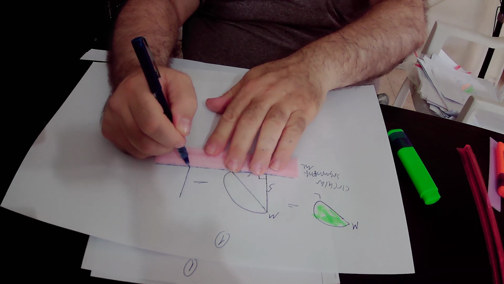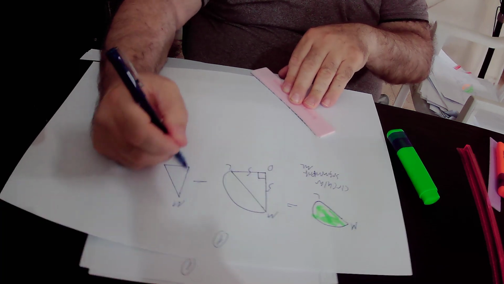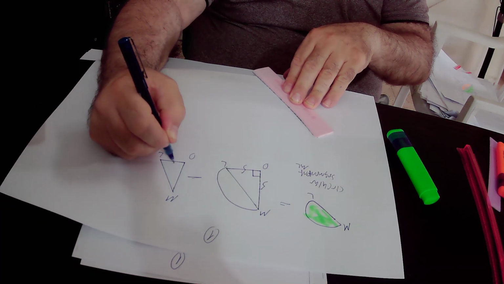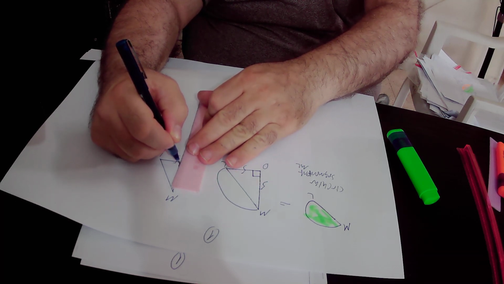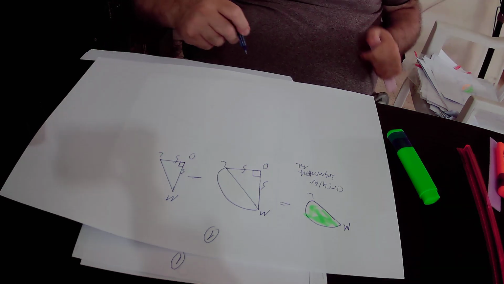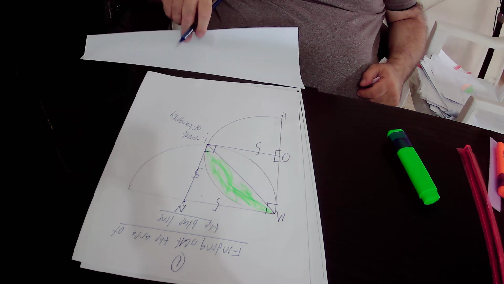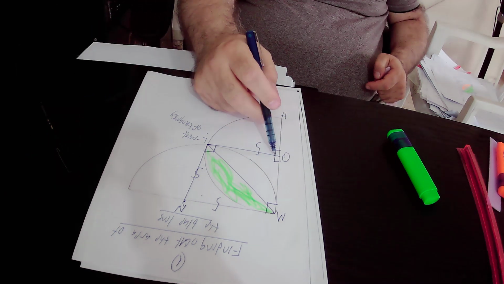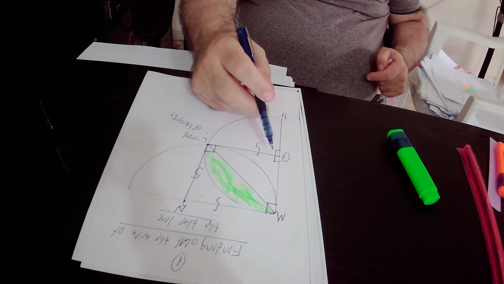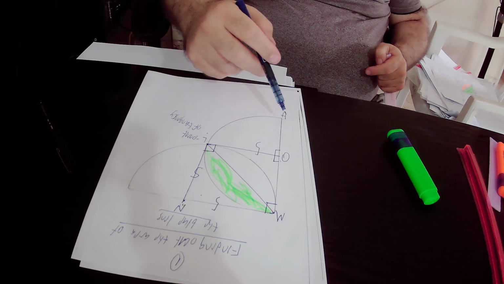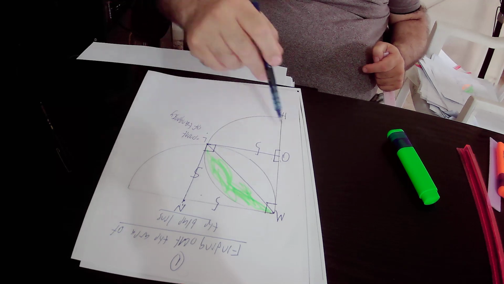Triangle MOL is a right triangle. This angle equals 90 degrees, and because of the fact that this angle equals 90 degrees, it means that sector MOL is a quarter circle.